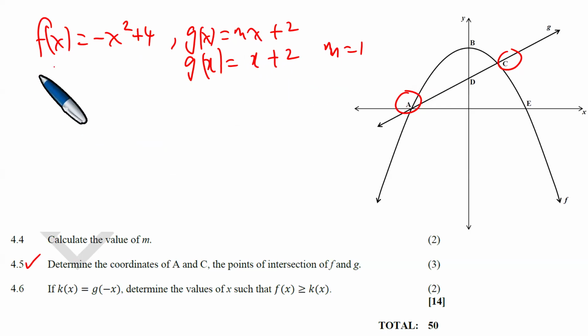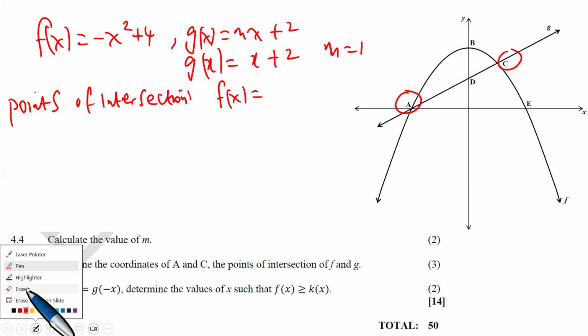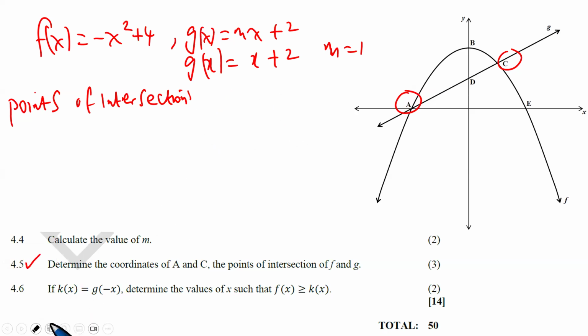Okay, right. So we need to find the points of intersection. How do you find the points of intersection? We're interested in the parts where these are equal. So in principle, you let f of x be equal to g of x.